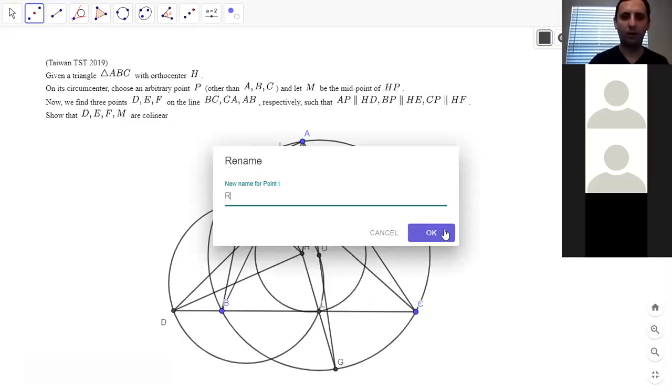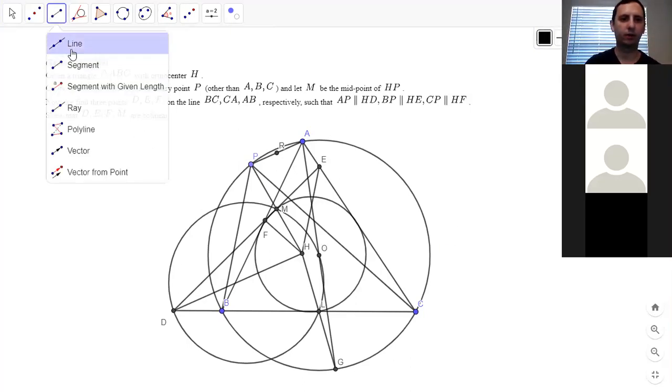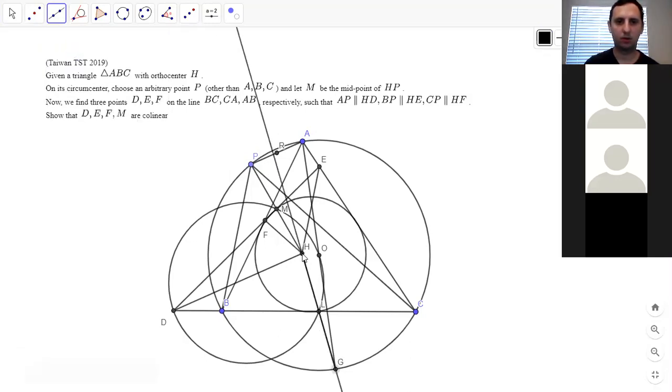I don't know, R. Are GH and R collinear? No. But OR is parallel to GR, OR is perpendicular to AP, and LM is perpendicular to AP.